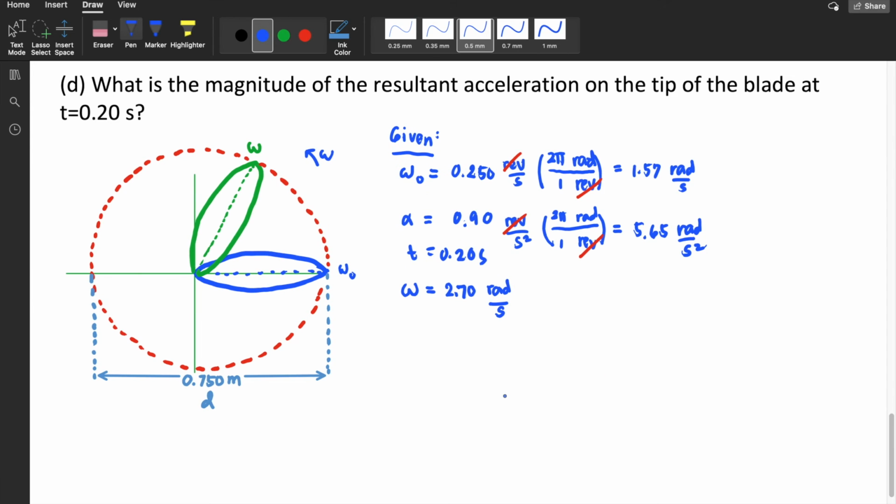Okay, next for letter D, what is the magnitude of the resultant acceleration on the tip of the blade at time t equal to 0.2 second? So again, it's asking for the magnitude of the resultant acceleration. So it's asking for the magnitude of the linear acceleration. So take note that here, there are two accelerations present.